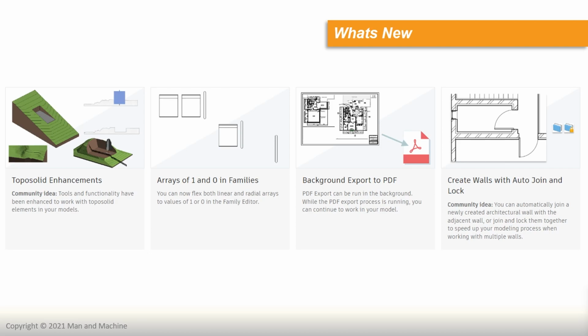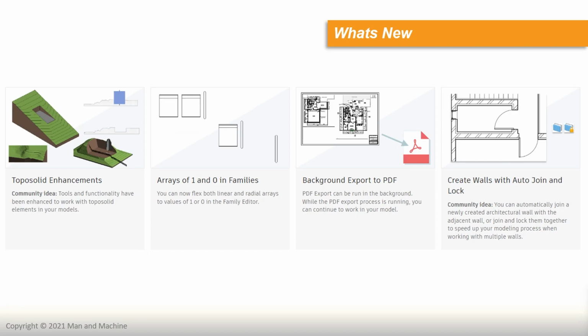But with this update, we can now have arrays and we can give them values of 1 and we can give them values of 0 as well. There were a few workarounds, but I think this is a nice new feature to have on the family creation front.